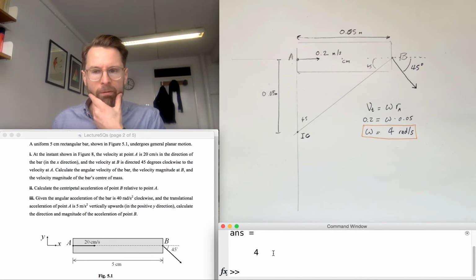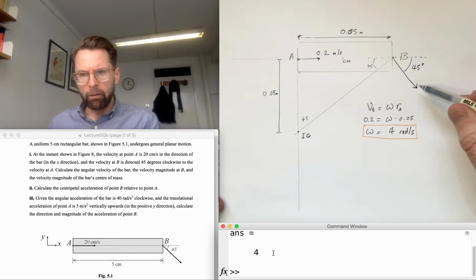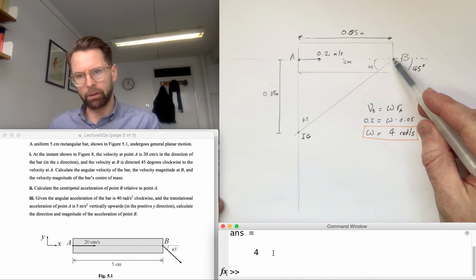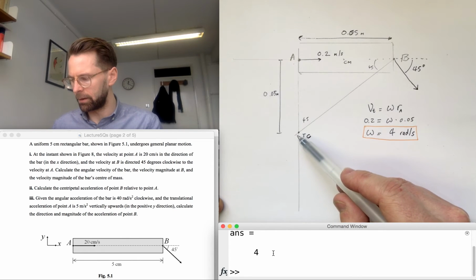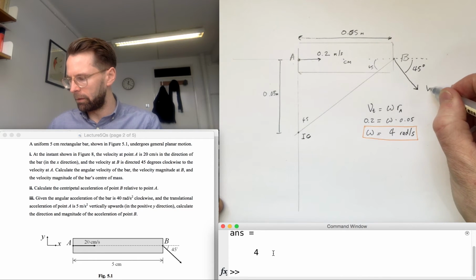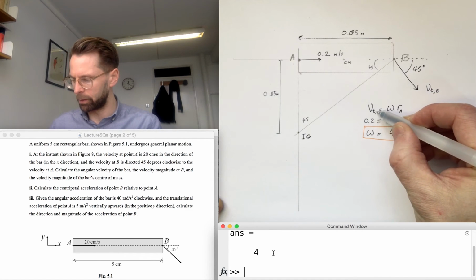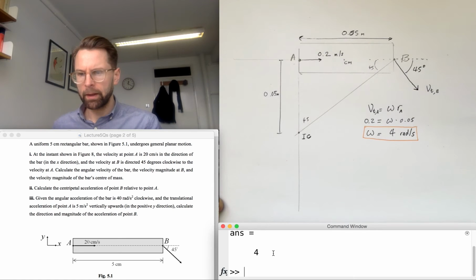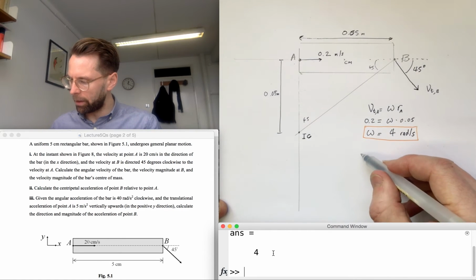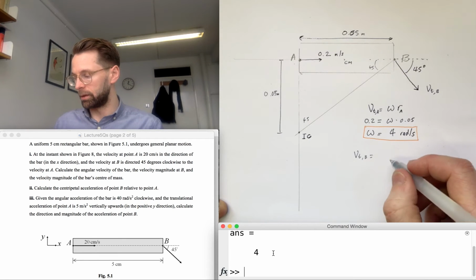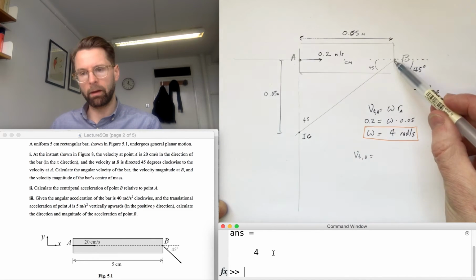Now it's asking for the velocity magnitude at point B, and because it's a fixed axis rotation around this instantaneous centre, we're looking for the tangential velocity of point B. So really I should put a subscript A here. And that has the same angular velocity but a different r.